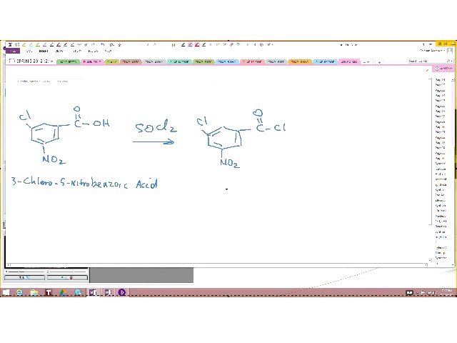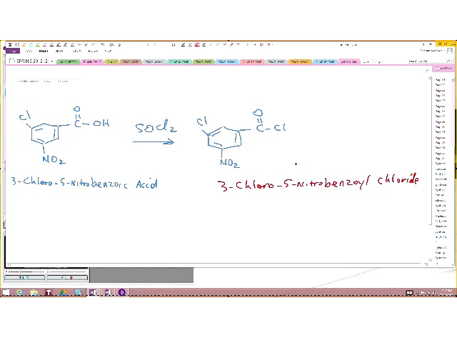Exactly, 3-chloro, 5-nitro benzoyl chloride.